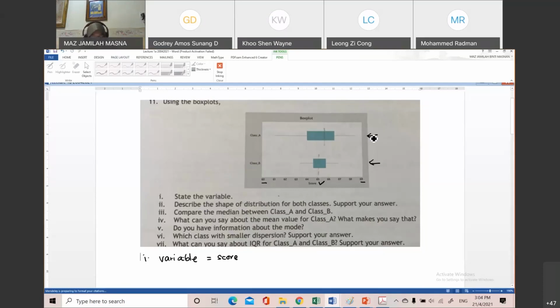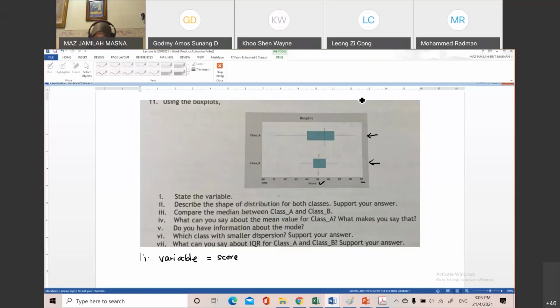Before we go into detail on each of the questions, let's study the box plot first. What can you tell about class A? Based on the discussion that we have made just now, relate to your measure of central tendency, your measure of dispersion, your IQR, your range.